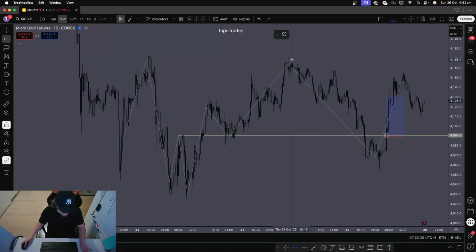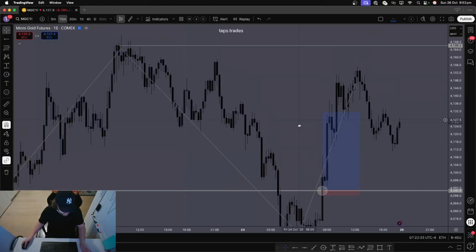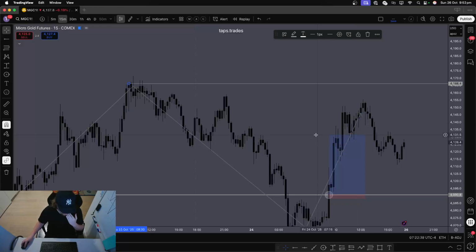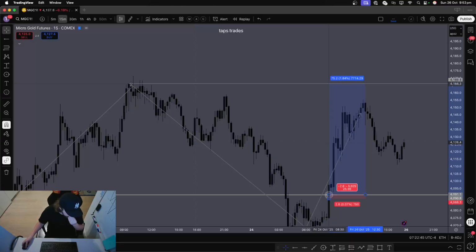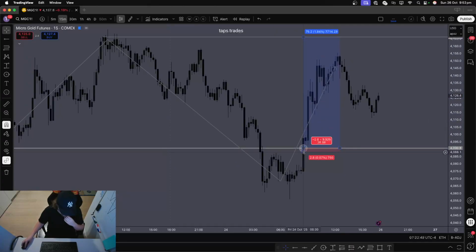Again, I draw my targets from the bodies. So let's zoom in just so I can show you. So we've already taken profit here on the first target. And the last and final target would be the top of this swing high. Okay? That's what we're looking at.